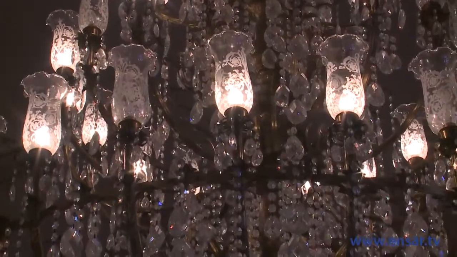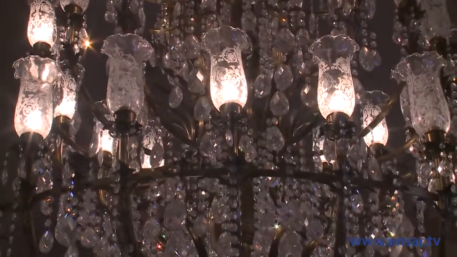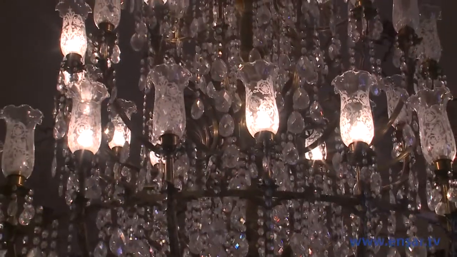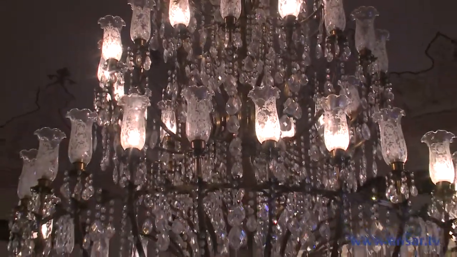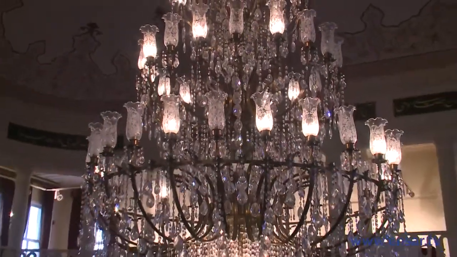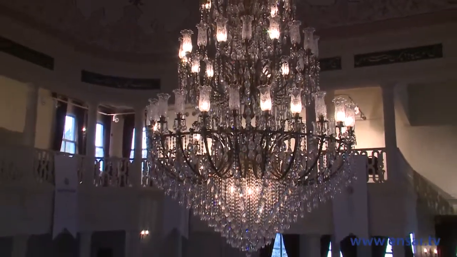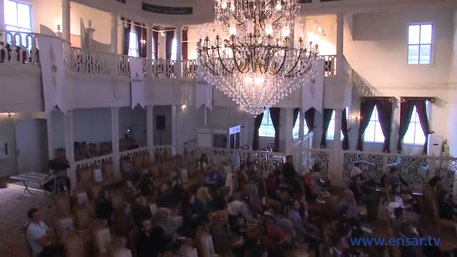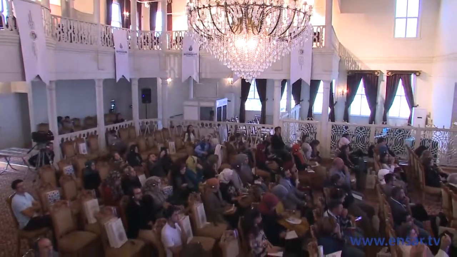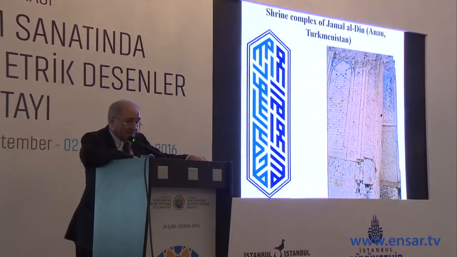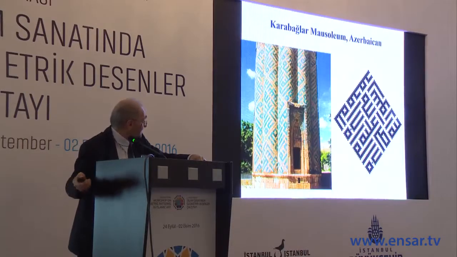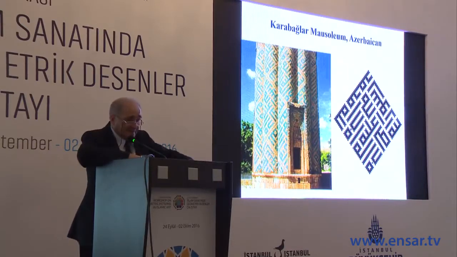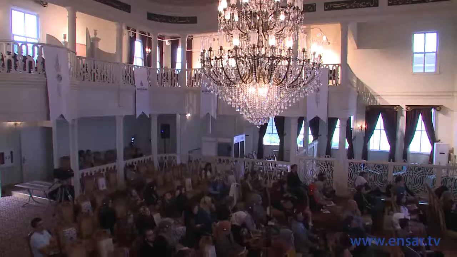Kufi written Kalime-i Shahadat motifs in a square can be found in the monuments Mardin Grand Mosque and other mosques. The more original composition of Kalime-i Shahadat can be seen in the shrine complex of Cemalettin, Anau, Turkmenistan, and Karabağlar Mausoleum, Nakhchivan, Azerbaijan.